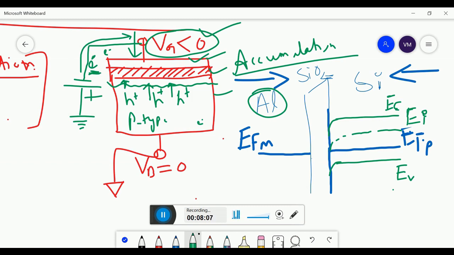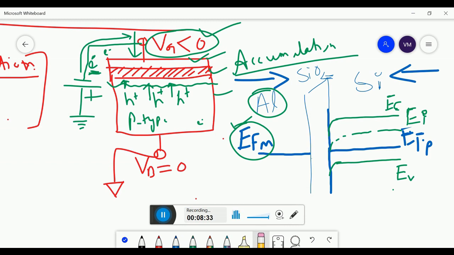So what should happen to the Fermi level of the metal? More electrons are always found towards the conduction band, while more holes are found towards the valence band. So the Fermi level of the metal should go towards the conduction band.